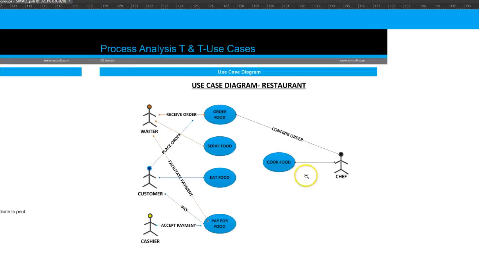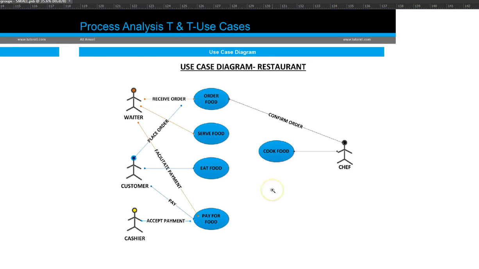Then we have another use case diagram, which shows how a restaurant system works. There's the waiter, the customer, the cashier, and the chef. These are the different actors involved and what they should be able to do. The customer would like to eat the food, so the customer would like to place the order and pay for the food.